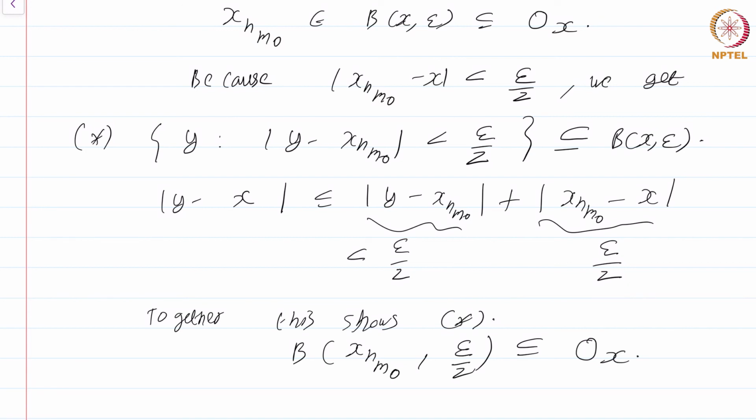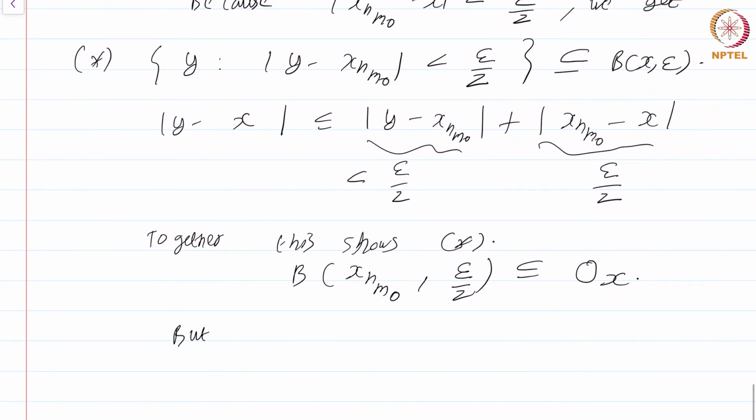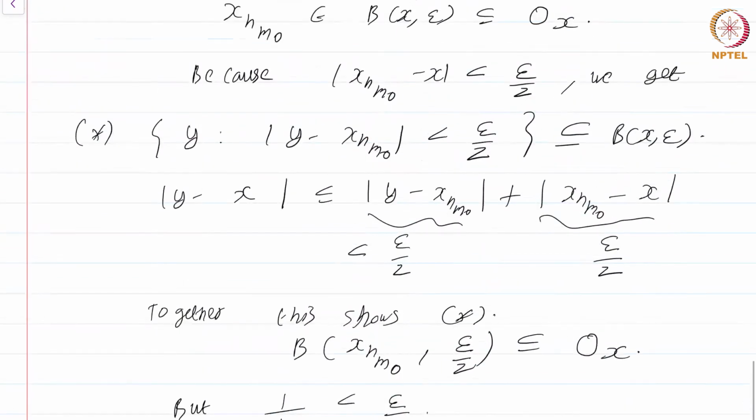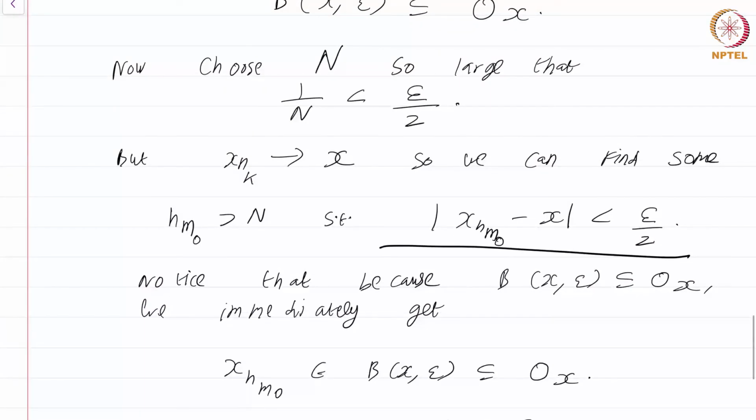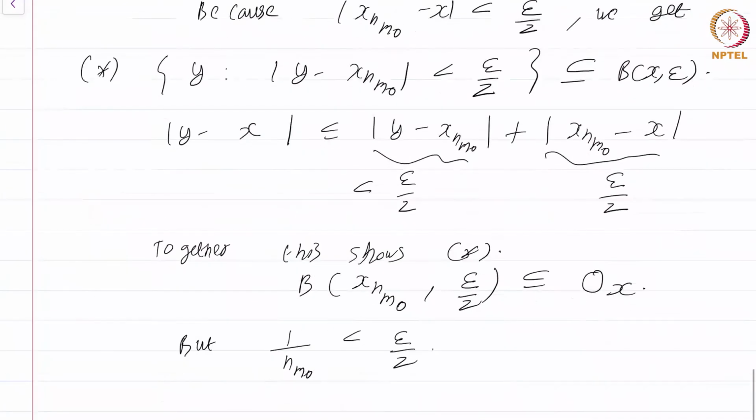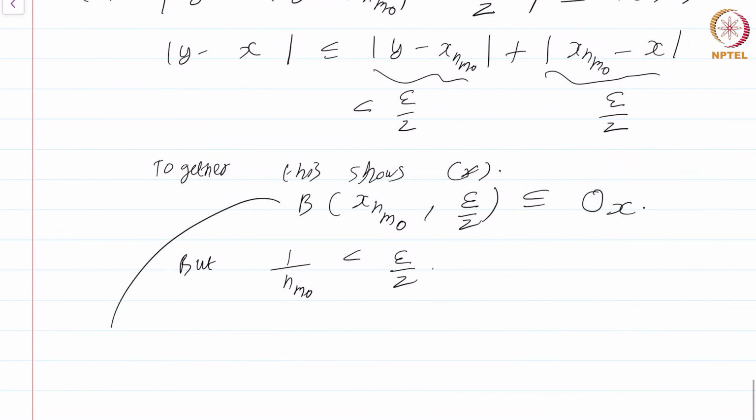But wait a second. 1 by nm naught is less than epsilon by 2, right? Why is that? Because 1 by n itself is less than epsilon by 2. Therefore, 1 by nm naught is less than epsilon by 2. Wait a second. That means b x nm naught comma 1 by nm naught is contained in OX.